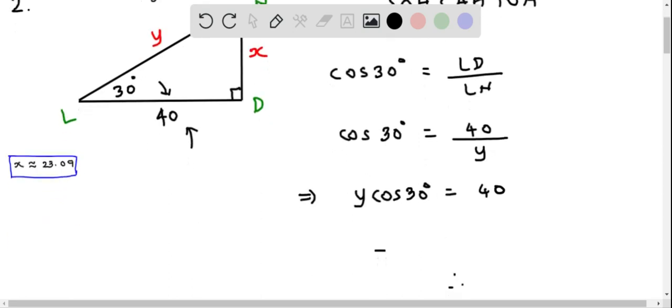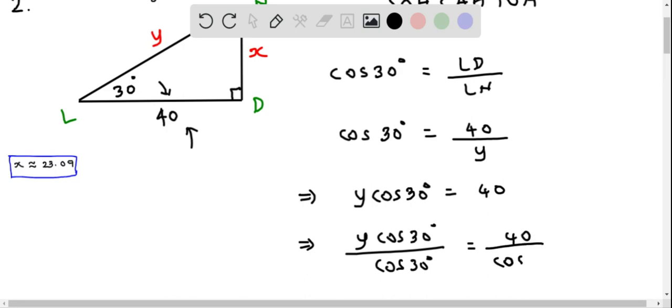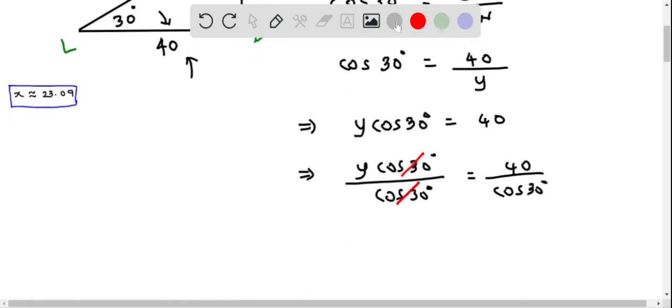Now since we have to solve for y, we can divide both sides by cos of 30 degrees. We can cancel the cosine of 30 degrees on the left. So we get y equals 40 over cosine of 30 degrees.